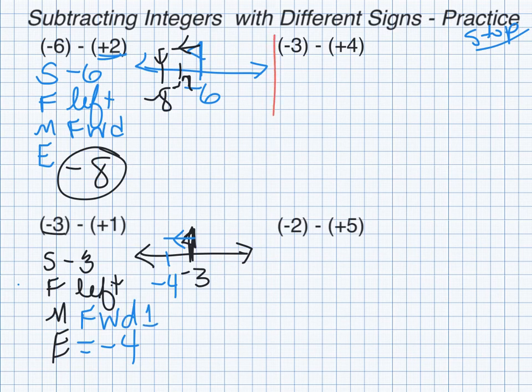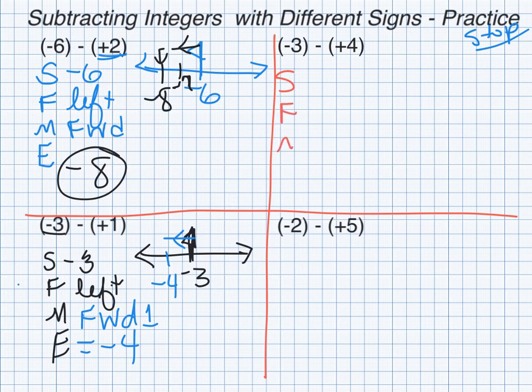Okay, next problems we have here. I've got negative 3 minus positive 4. I'm going to start, face, move, end. Here's my number line. I'm going to start at negative 3. Center of my number line is negative 3. I'm facing left because I'm subtracting.